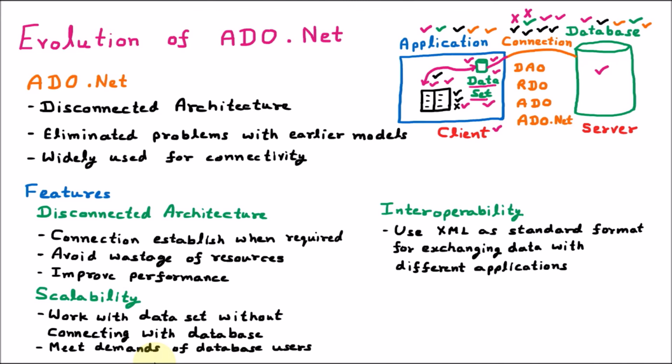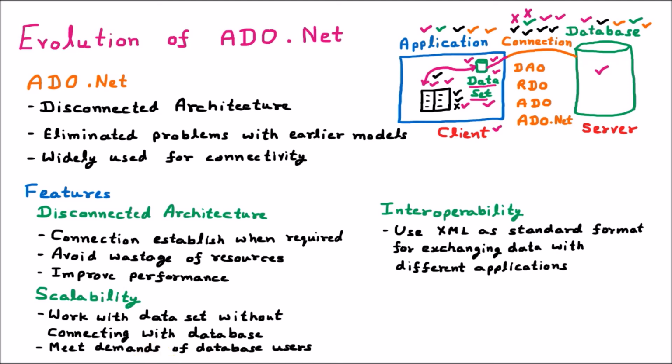So it makes it interoperable, meaning from one application to another application, we can have connectivity from the database. Interoperable means one thing can be operable in another. So because of the standard format XML, ADO.NET is interoperable.